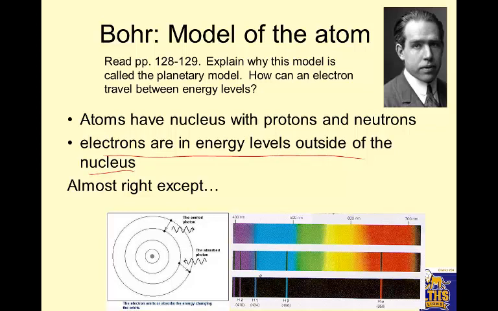Although this model of the atom was able to explain most of these spectral lines, it didn't say how the electrons moved around, just that they were able to move around. So it's almost right, except for the new information that led to our current model of the atom.